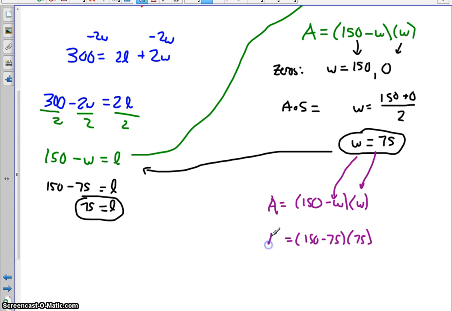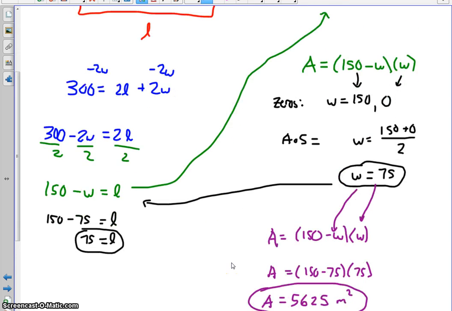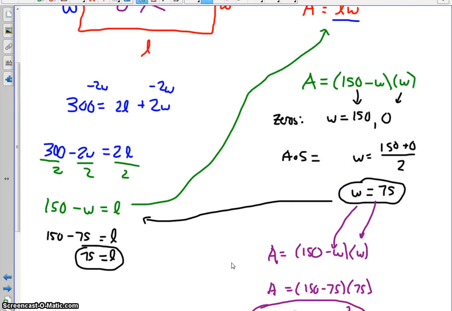I wind up with 75 times 75, which gives me an area of 5,625 square meters. So like all the other fencing problems, we need to create a second equation to eliminate a variable, and then work with our axis of symmetry to get our optimal value.